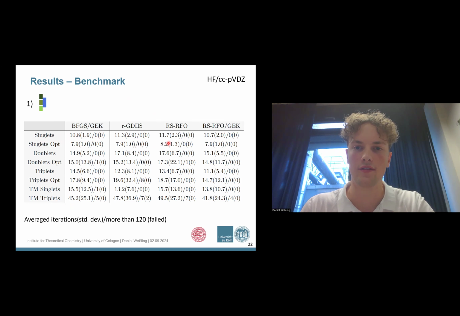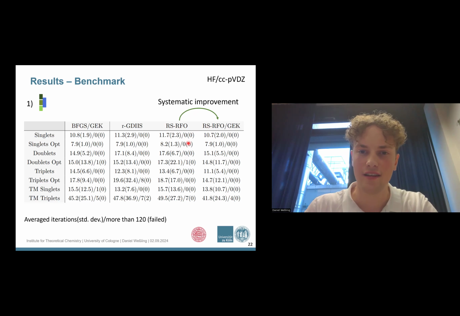Yes, and first to analyze again what was already reported, we have a kind of systematic improvement here by reducing every case for this RS-RFO into this RS-RFO GEEK, reducing the number of iterations for each case, as you can see.